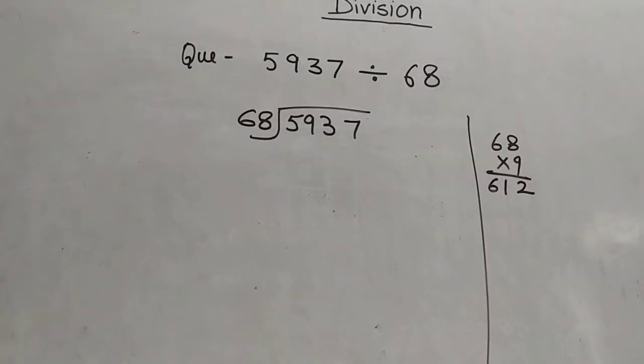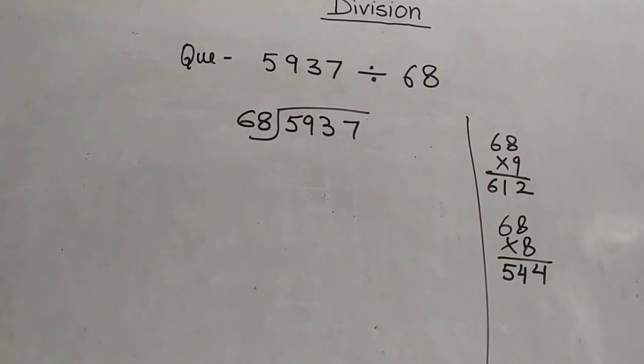As we are calculating it, we are getting 68 nines are 612, which is greater than 593. So we'll go to 68 eights. Here 68 eights are 544, which is less than 593. Therefore, 8 will be the quotient.